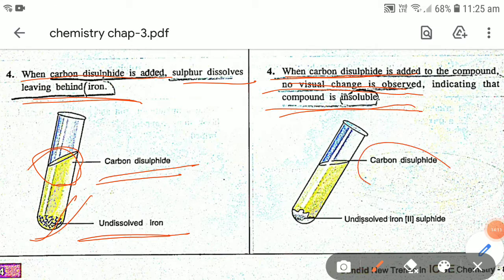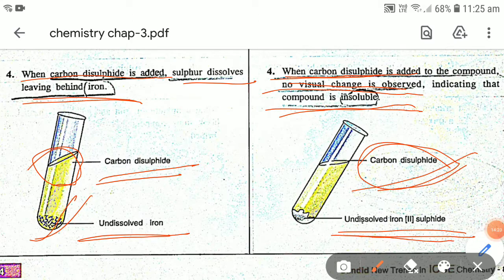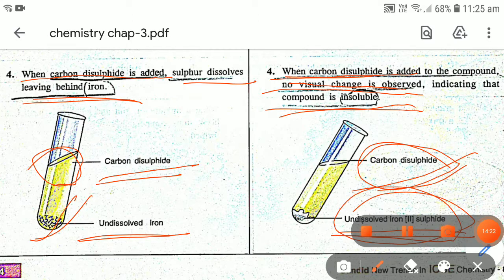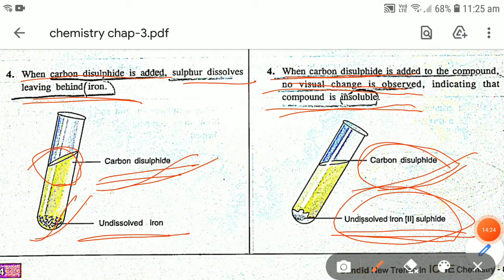See, this is the carbon disulfide and this is undissolved iron sulfide. So the carbon disulfide doesn't mix with the iron sulfide, but here the sulfur is mixing with the carbon disulfide, whereas the iron filings remain undissolved. I hope the concept is clear.